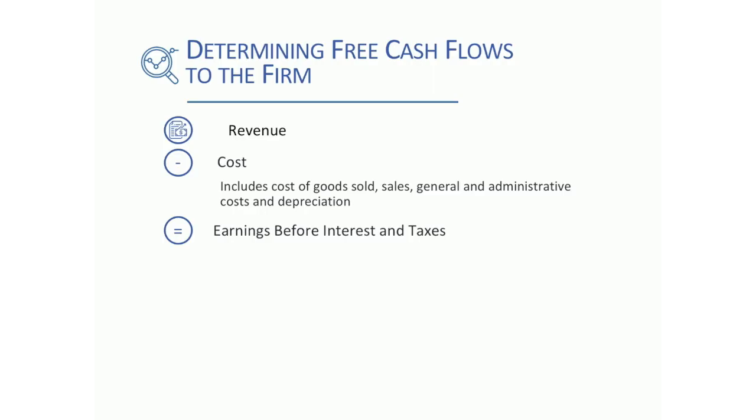In what follows, we will always be focusing on valuing the assets of the firm. We will worry about dividing up the value of the assets between debt holders and equity holders later on. So it is important that what we obtain here are the earnings before interest, before we have deducted interest, and before we have taken into account taxes.